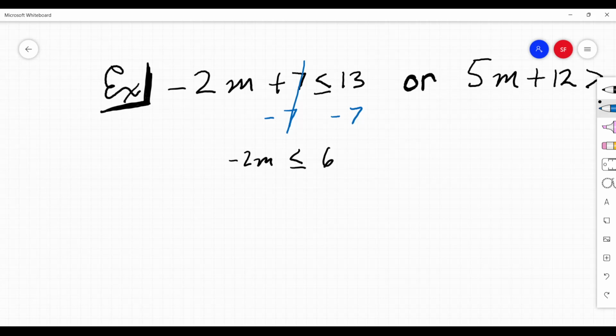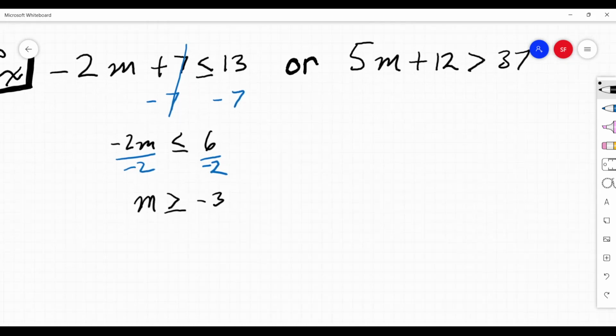Then we get m is greater than or equal to negative 3. Negative 2 divided by negative 2, so we end up with m greater than or equal to negative 3.